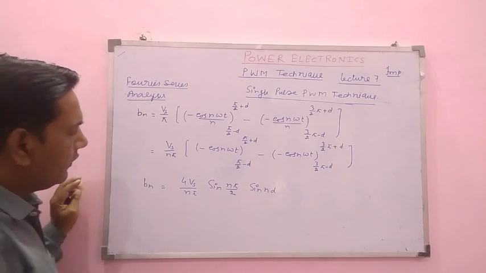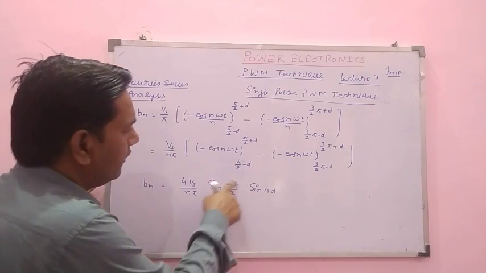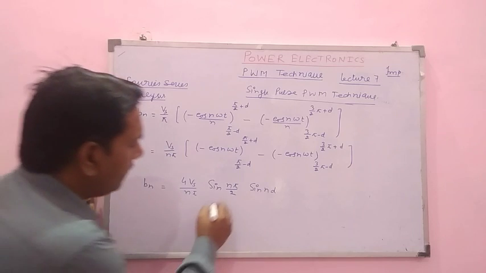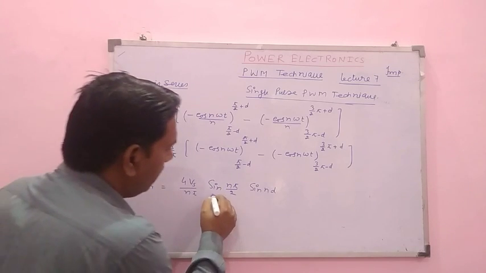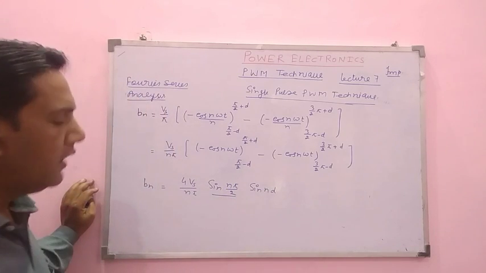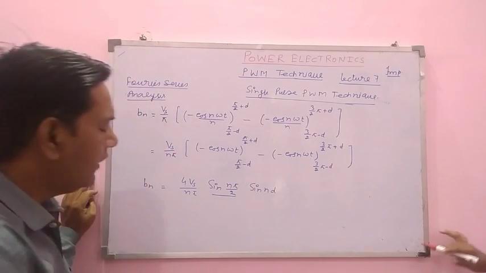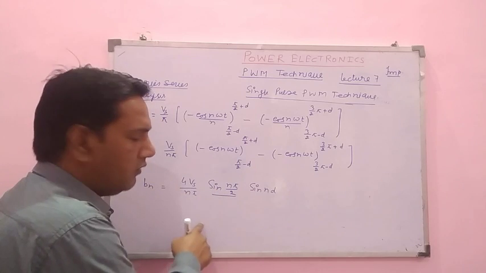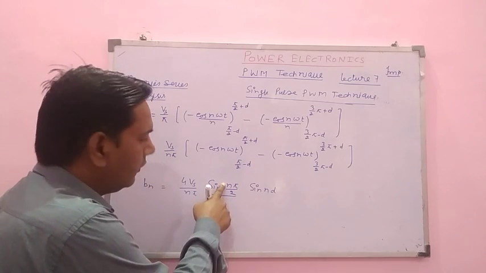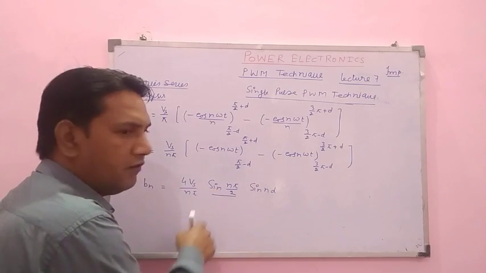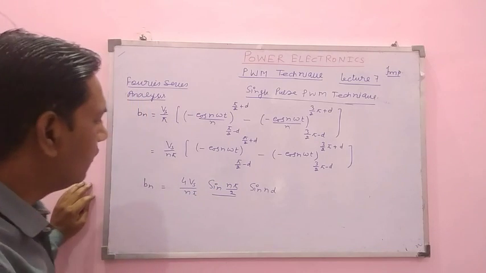Okay, so the value of Bn is depending upon the value of n. So here we have the term sin n pi upon 2. This term will have 0 value for even numbers of n, and it will have some plus value for some odd numbers and some negative values for some odd numbers.